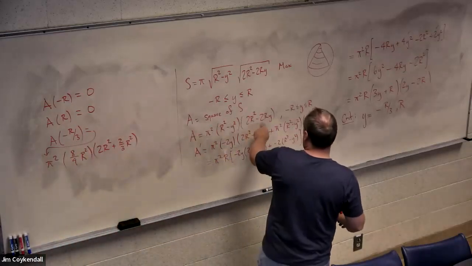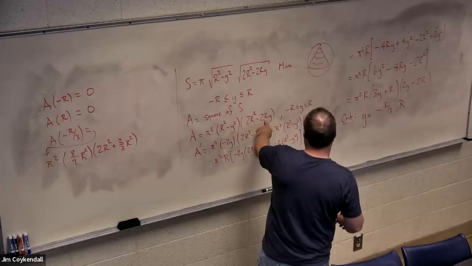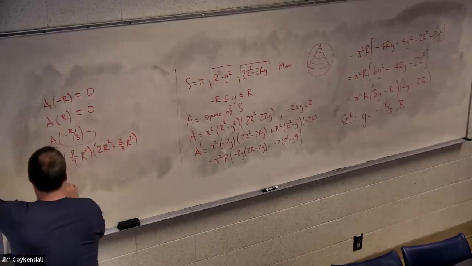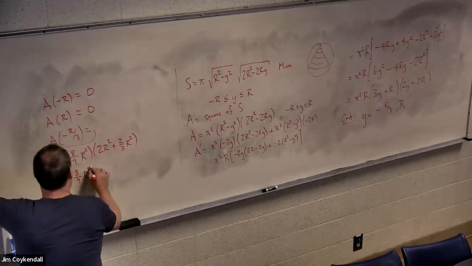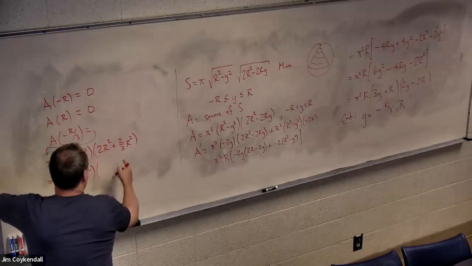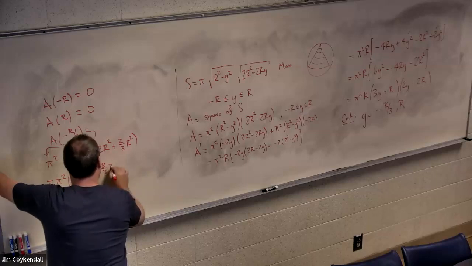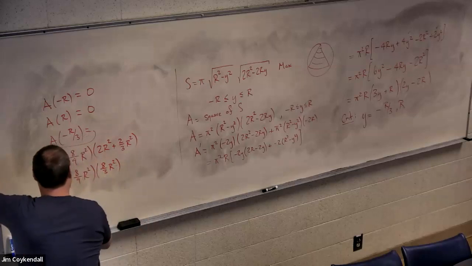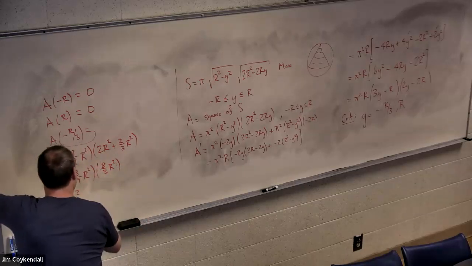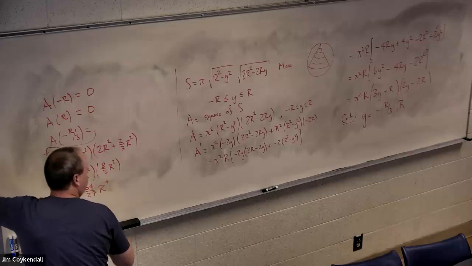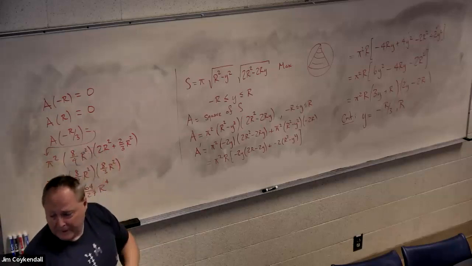So it's 2r squared plus 2/3. Yep. So I get pi squared 8/9 r squared times, this is going to be 8/3, isn't it? So I get pi squared times 64/27 r^4.